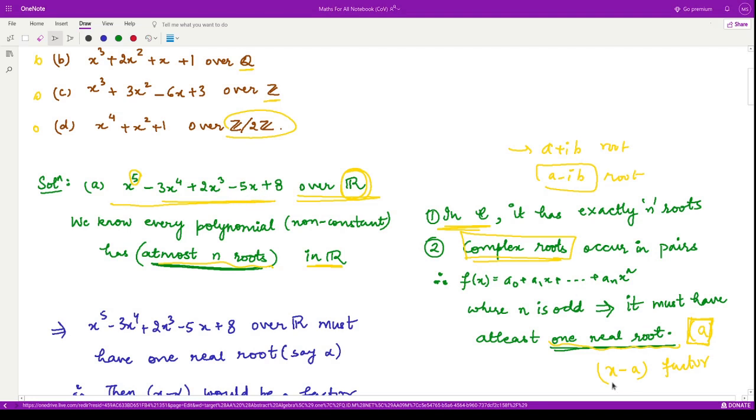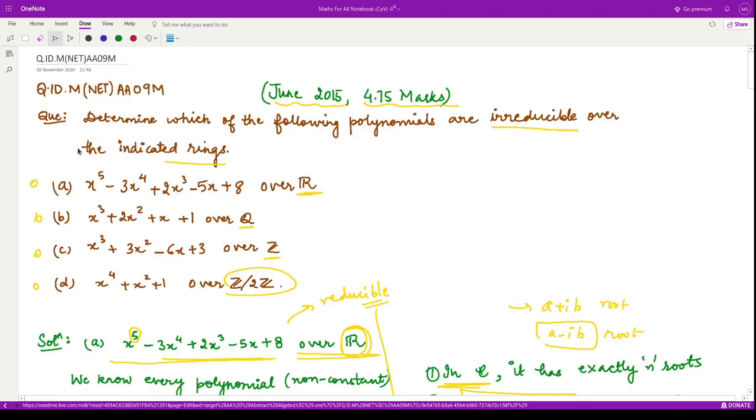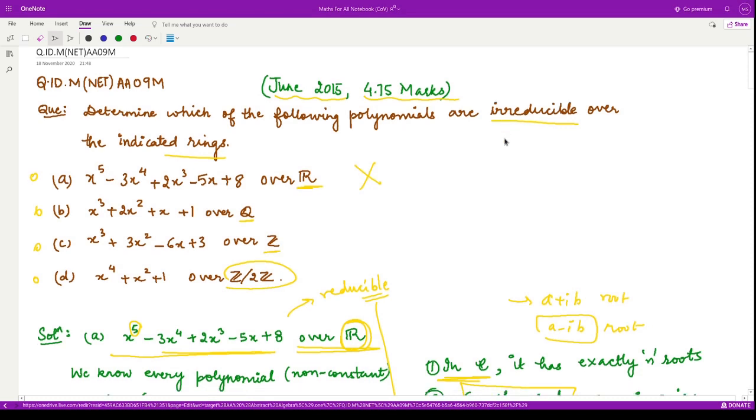Now you have x minus a as a factor, therefore the polynomial is reducible. So this option A is incorrect, because they are asking for an irreducible polynomial.